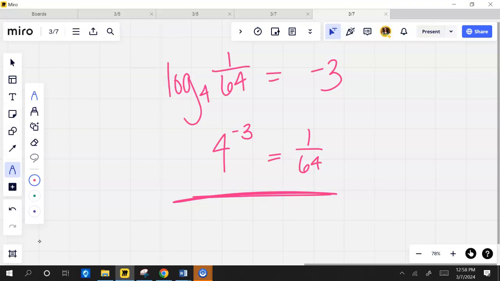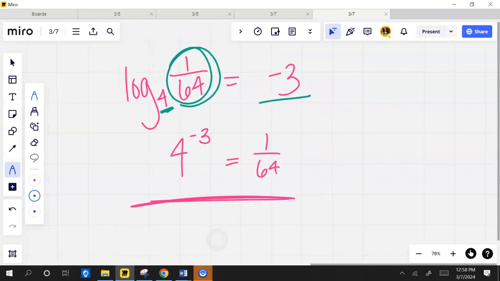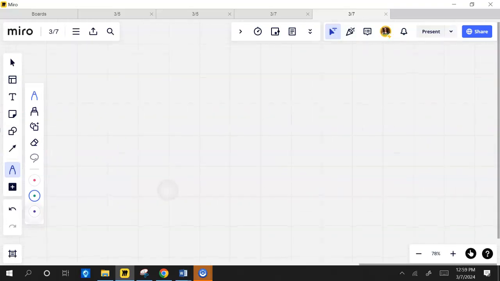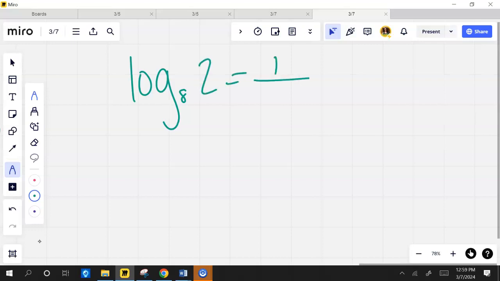As long as your base is a whole number, if this is a fraction, you're always going to get a negative, because it's having to flip over. So if I said negative log of 1 over 64, that would force me to have a positive, just changing the sign of the number. Thanks, Miguel. You got it.